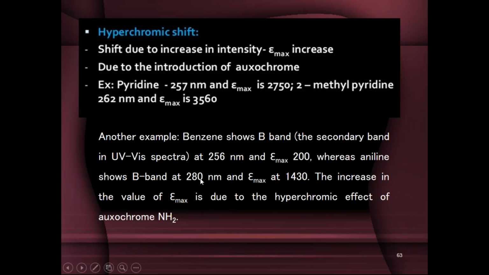You can compare these two, 256 to 280, so a bathochromic shift. And also aniline's B band has an epsilon max at 1430. From 200, it has come to 1430. So there is a hyperchromic effect. The increase in value of epsilon max is due to the hyperchromic effect of oxochrome NH2 getting attached to the benzene ring. I hope it's clear now.